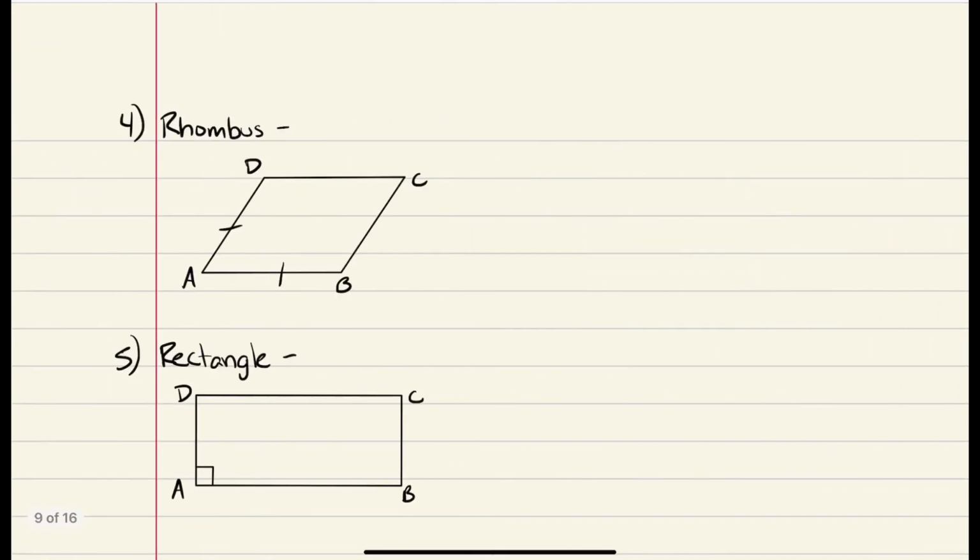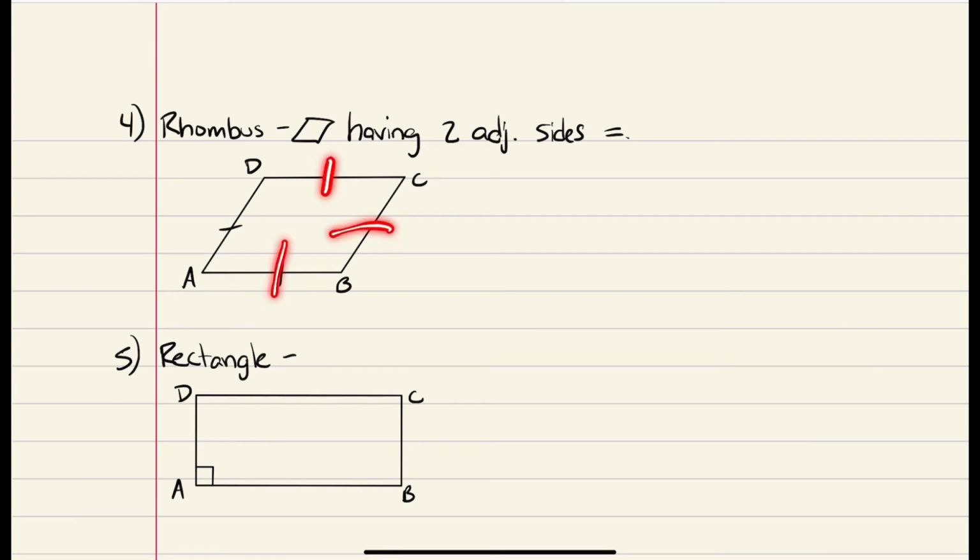Okay, rhombus. A rhombus, it's not necessarily the kind of definition that we are used to. We are going to define a rhombus as a parallelogram having 2 adjacent sides equal. We're not going to state that all 4 sides are equal.